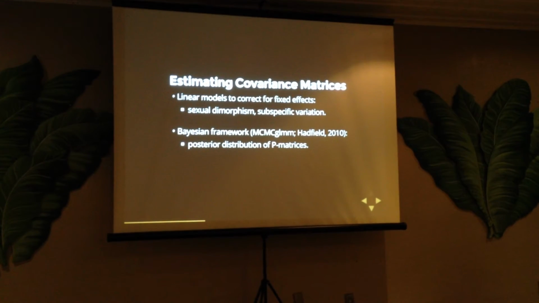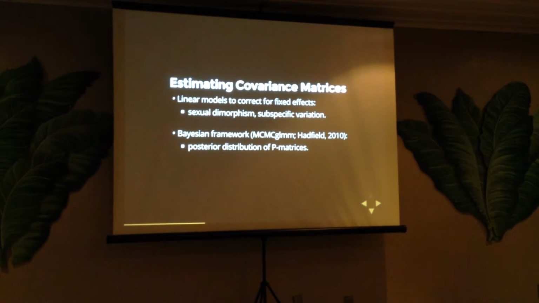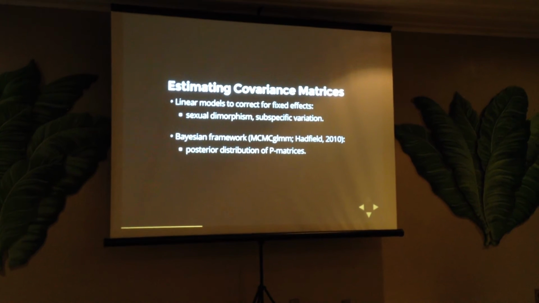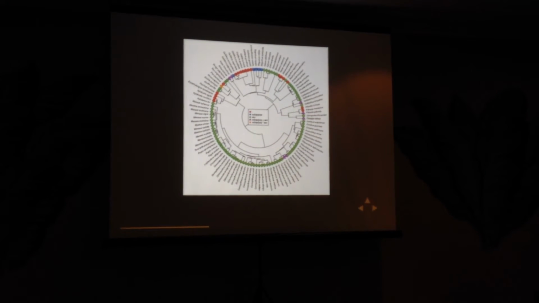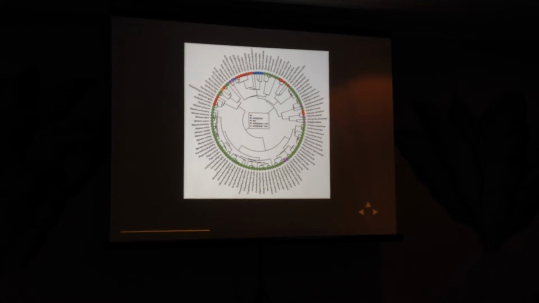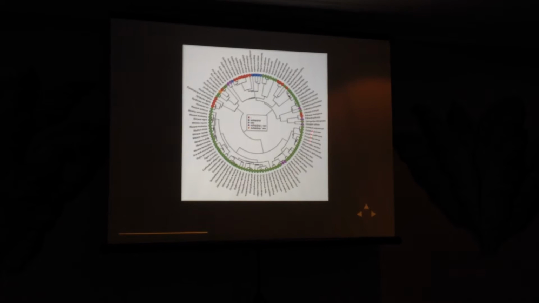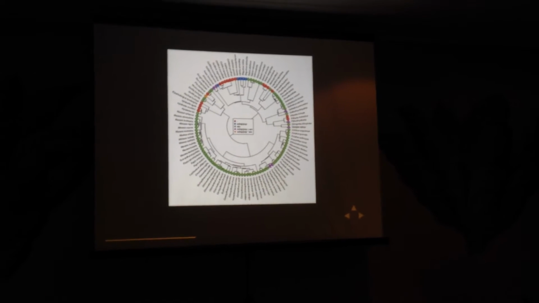It also allows us to estimate uncertainty regarding any other parameters that are calculated over these matrices, right? Okay, this is a depiction of the phylogeny I worked with here, which was published in 2012 by Springer and collaborators. And these are the linear models corrected for each species.